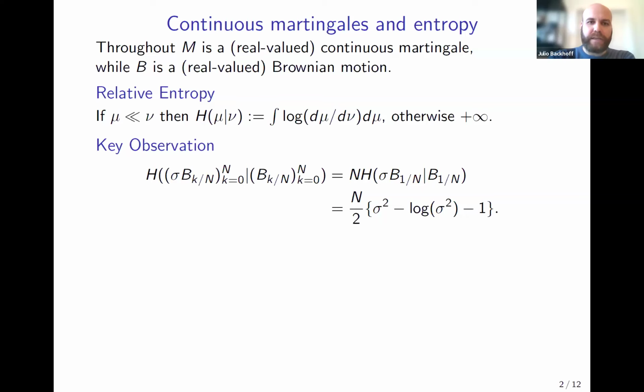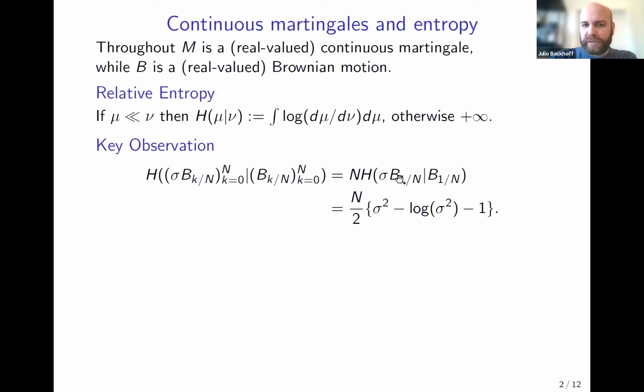The increments of Brownian motion here are IID, but also the increments of this sigma times Brownian motion are IID. And for that reason, another so-called tensorization property of the relative entropy tells you that the entropy of the multivariate vectors becomes just n times the relative entropy of what happens for each one of those increments.